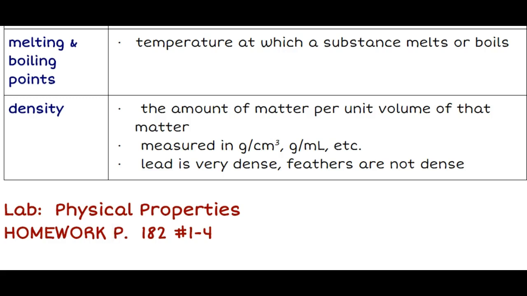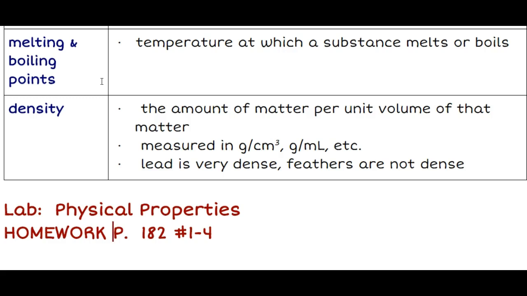So we have two more physical properties to talk about. We can describe substances, we can perform simple tasks that allow us to know the melting and boiling points of various substances, right? So we know what melting and boiling point means, but we can certainly differentiate between two substances by their boiling point.